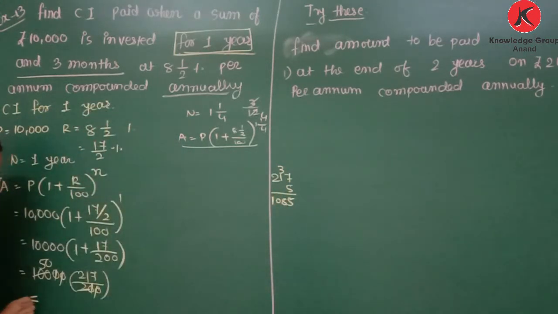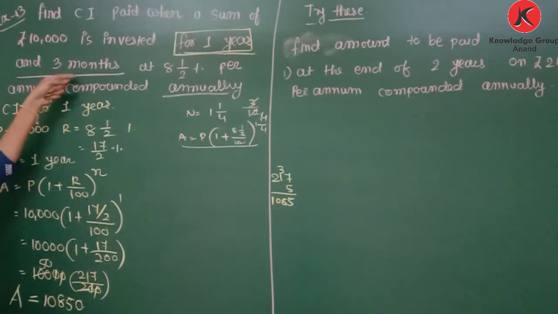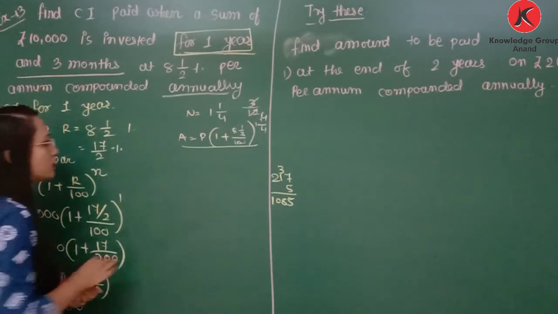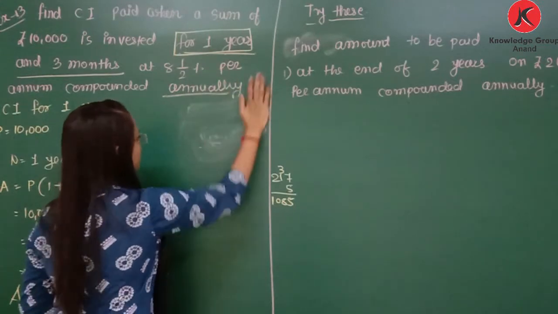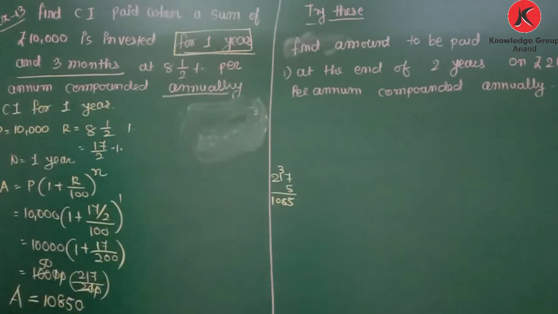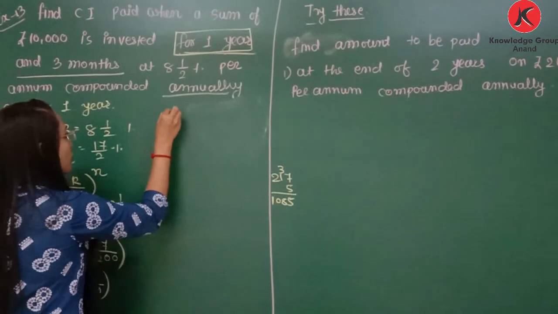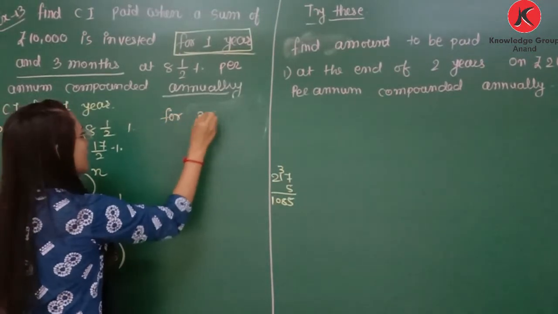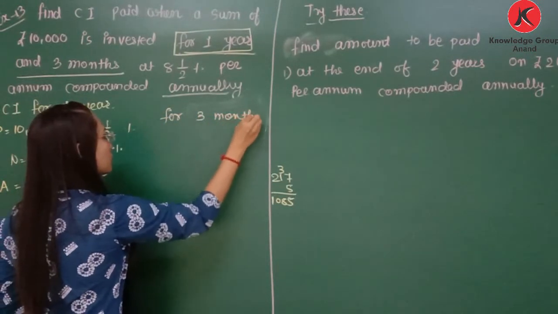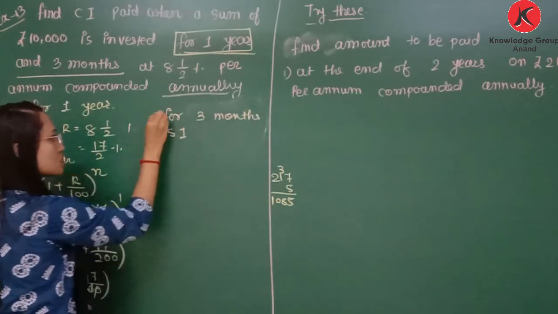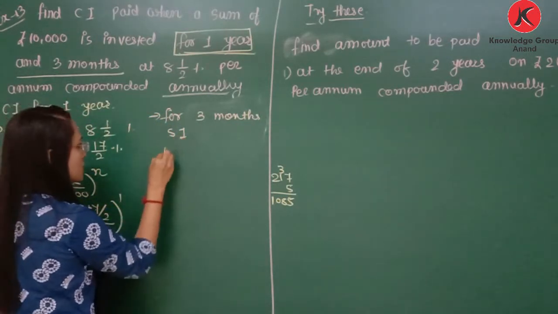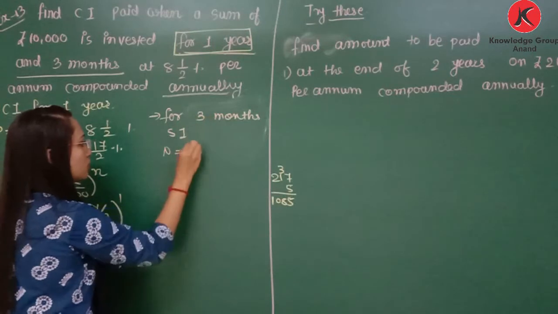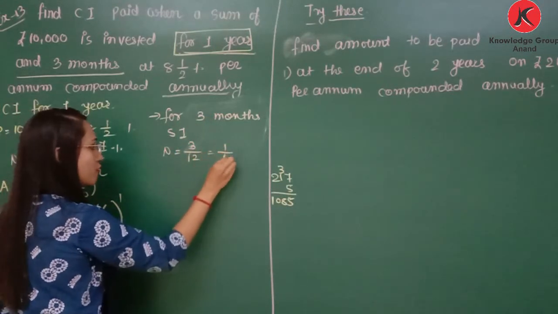So it is 10,850. That is the amount of 1 year. Now this amount is used as a principal for 3 months. So here we can write, for 3 months simple interest, N is equal to 3/12, that is 1/4.